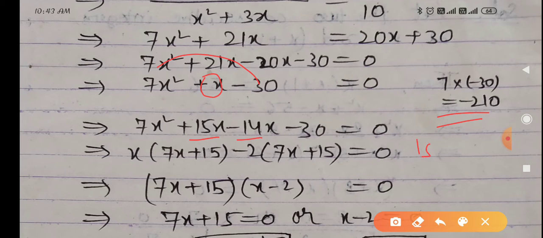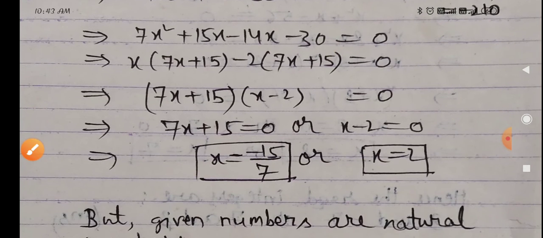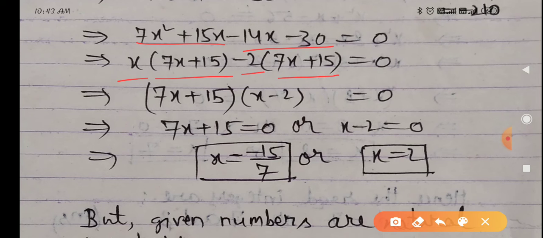That's why I have written 7x square plus 15x minus 14x minus 30 is equal to 0. Now take common in the first two terms, x is common. Inside the bracket 7x plus 15. And in the last two terms minus 2 is common. Inside the bracket 7x plus 15, and it is equal to 0. Now two brackets: 7x plus 15 multiplied by x minus 2 is equal to 0.